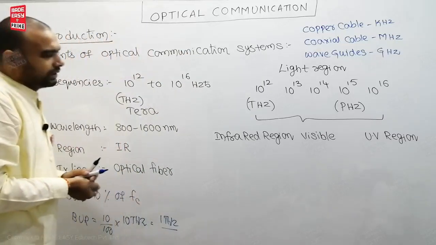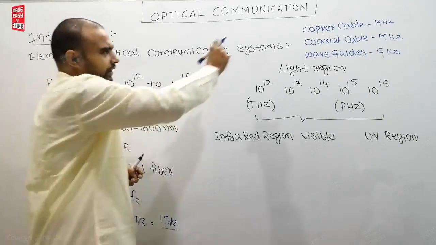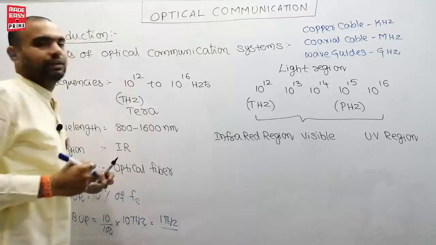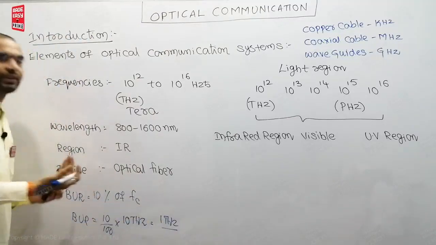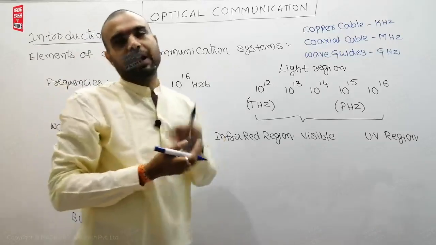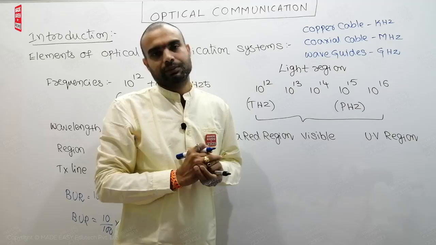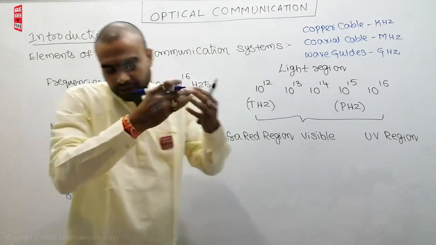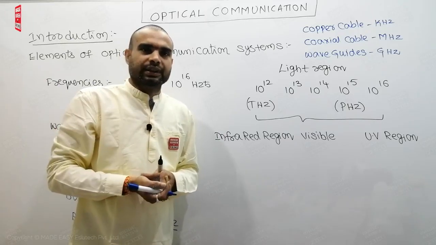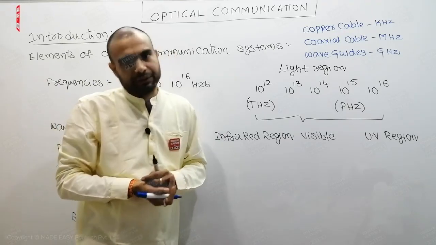So the first point that we considered here is that the frequency is very, very high, so the bandwidth is very high. And the second point is, if frequencies are very high, we can always consider them in terms of wavelengths. That means when we consider electromagnetic waves at ultra high frequencies, we can consider the wavelengths instead of frequencies.